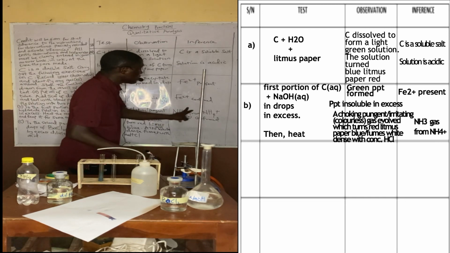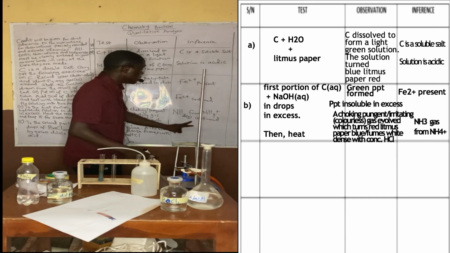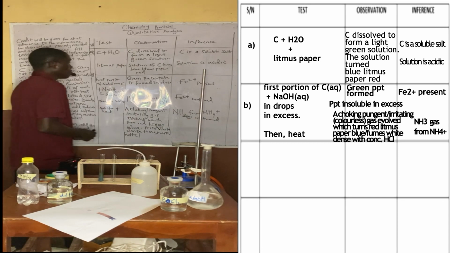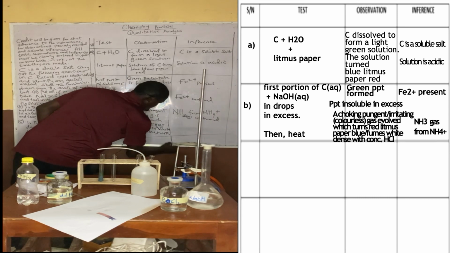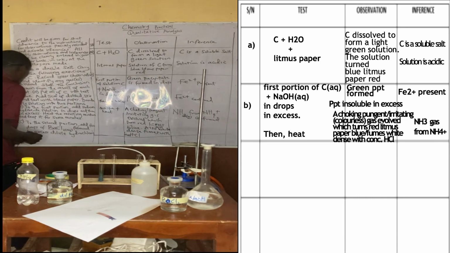So an ammonia gas from an ammonium ion is confirmed. So that is about test number B.